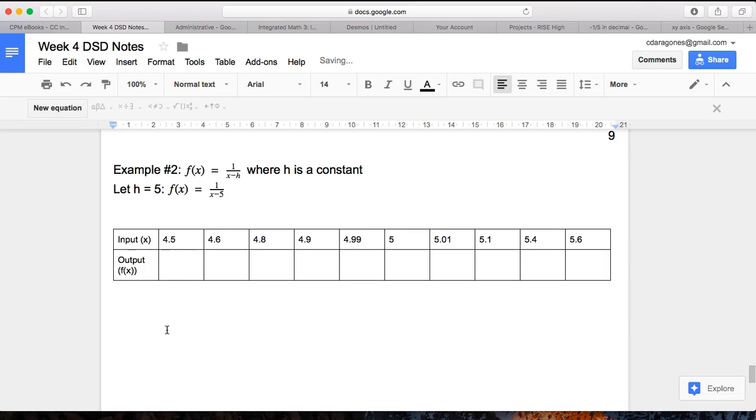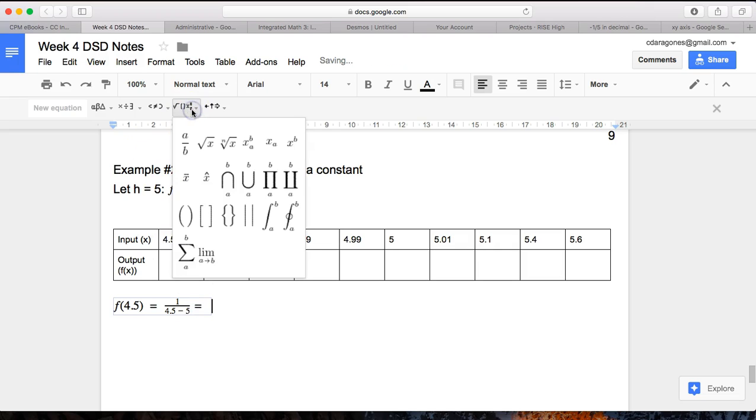So I'll do the first one for you. To find out what f of my very first x, 4.5, is, I take my function, 1 over x minus 5, and x is now 4.5. So it's going to be 1 over 4.5 minus 5. You can use your calculator for this if you'd like.